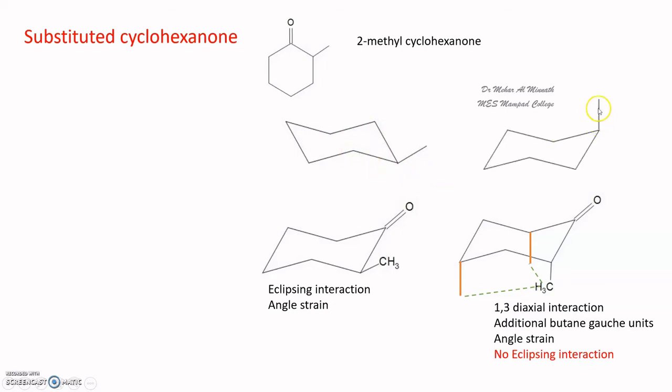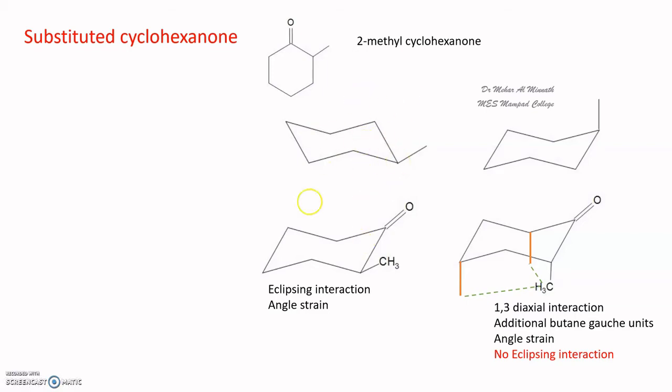But when the methyl group is in the axial orientation, then what happens? There will be additional 2 butane gauche units, and there will be 1,3-diaxial interaction. So energy wise, the equatorial form of methyl cyclohexane will be more stable, or will have less energy.